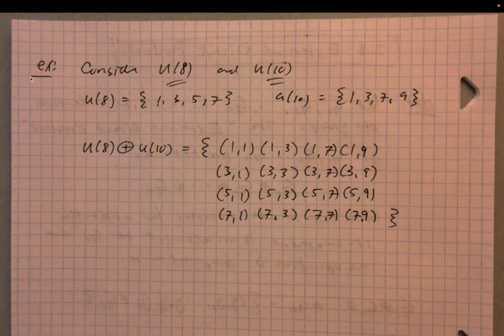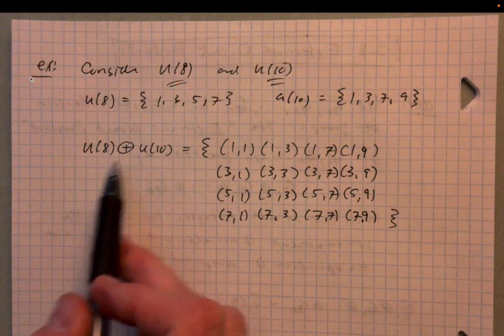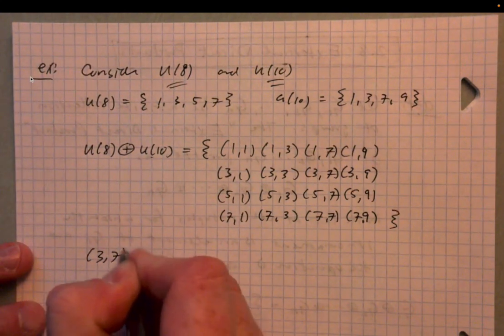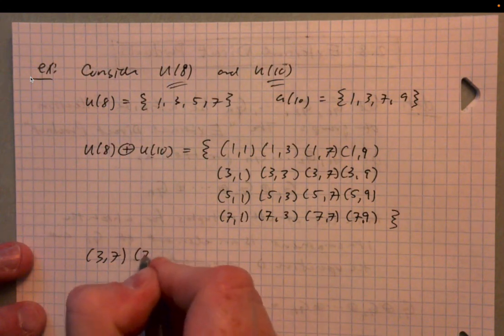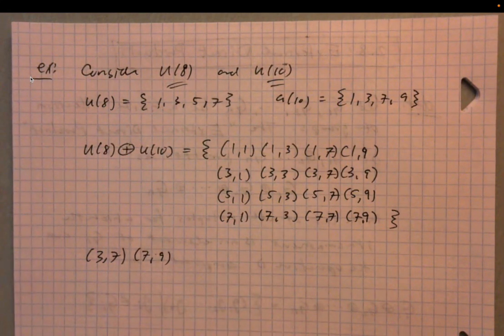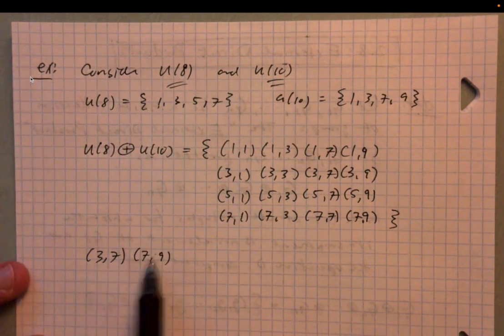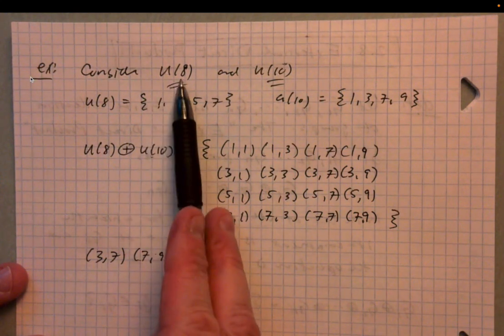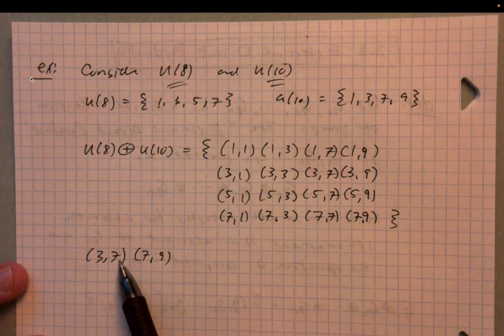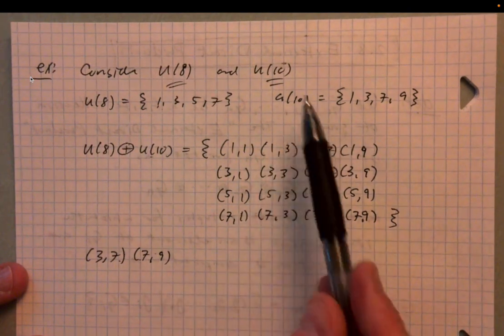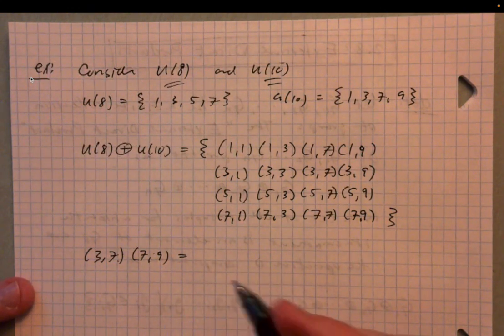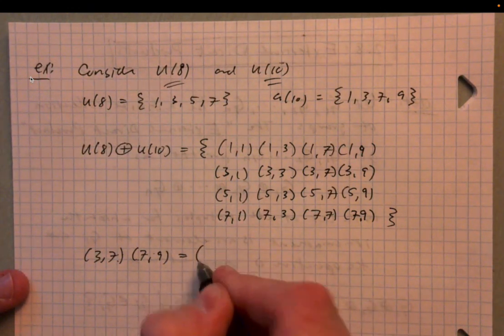Now, if I want to take 2 elements inside of this external direct product and combine them, let's say 3, 7 and 7, 9. Then for the first component, the 3 and the 7, I need to use the operation of U8. And for the second components, the 7 and the 9, I need to use the operation of U10. Both are multiplication, but they're multiplication with different moduli. So let's do the multiplication.